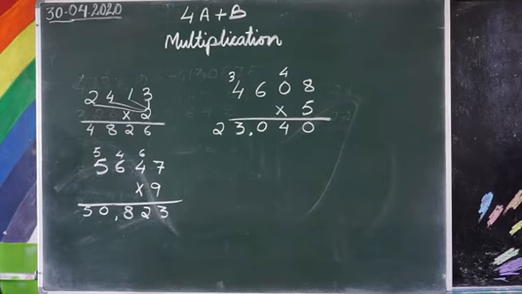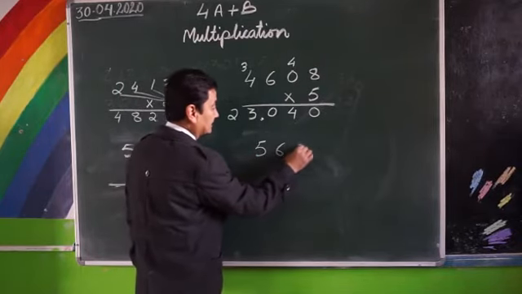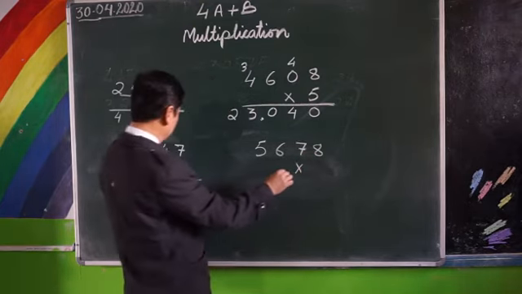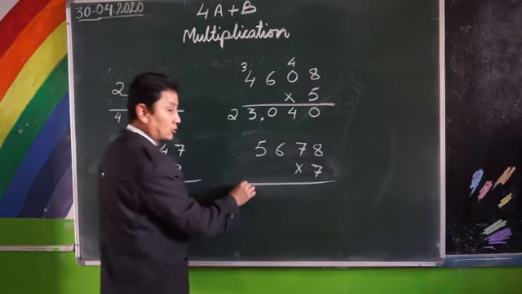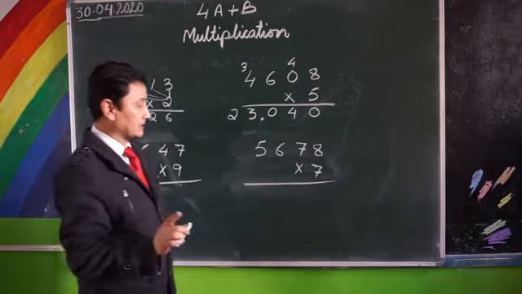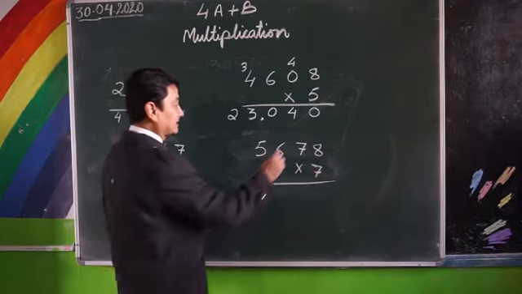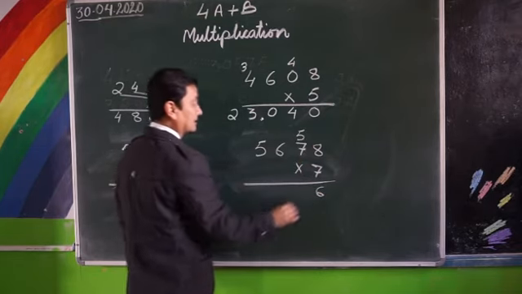The last sum now. Number 5, 6, 7, 8 multiplied by, let's have 7. I hope you are understanding. So let's do that. 7 8s are 56. 5 and 6.